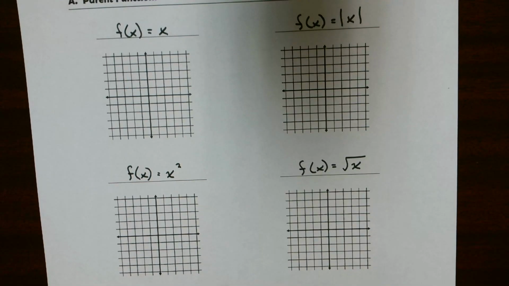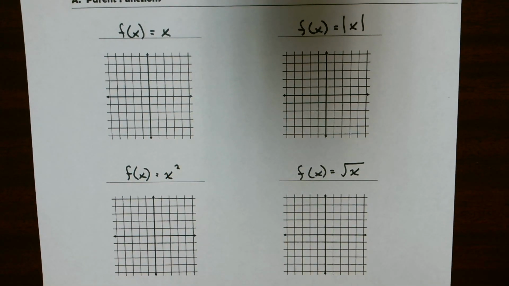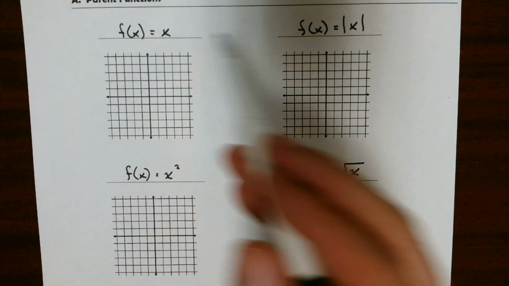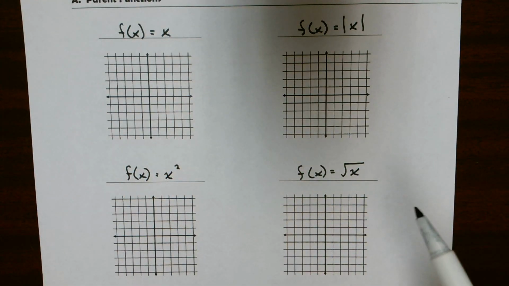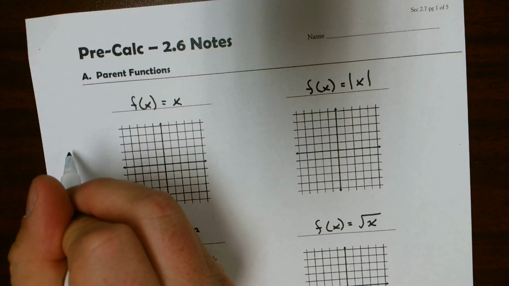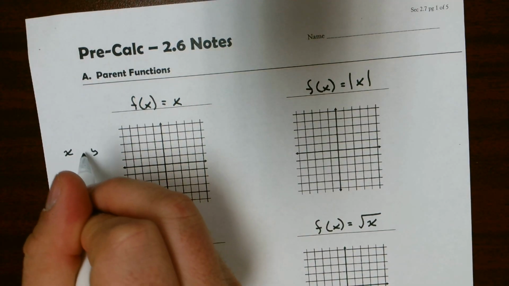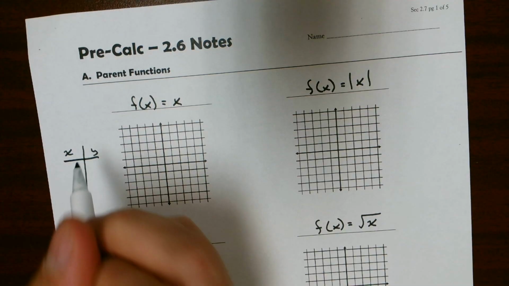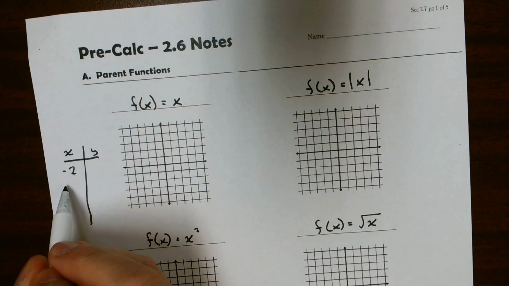Okay, so what I want you guys to do is this very specific strategy here: I want you to make a table of values and then plug those x values into your function to make the overall graph. So for example here, make an xy table here for this straight line one, and we're going to graph -2 to 2.